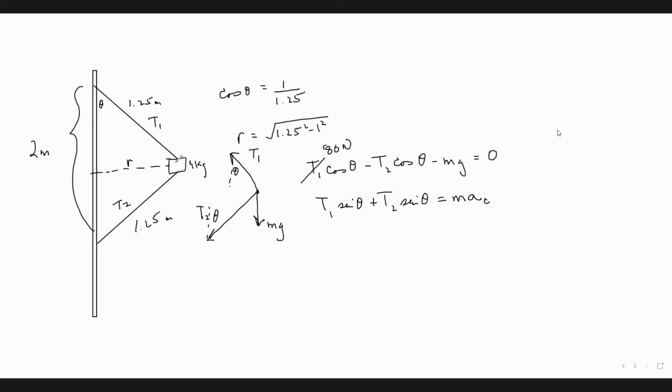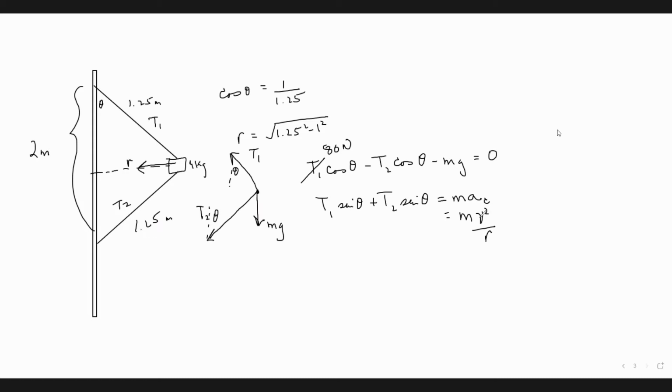So there's an acceleration acting towards the center here. That is the a in F equals ma. This is equal to m times v squared over r. So we have T1, we have T2, we can solve for v.